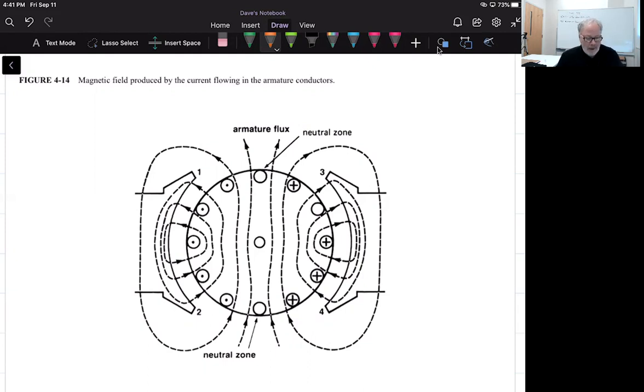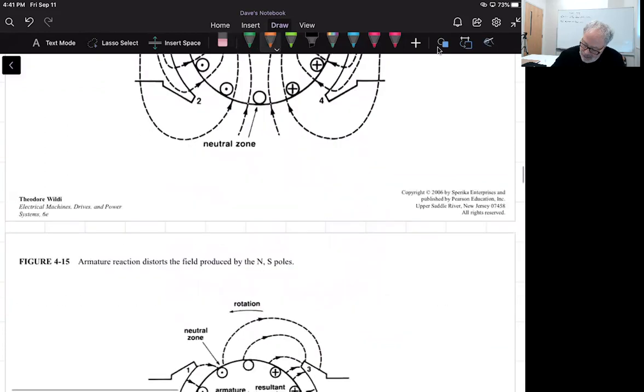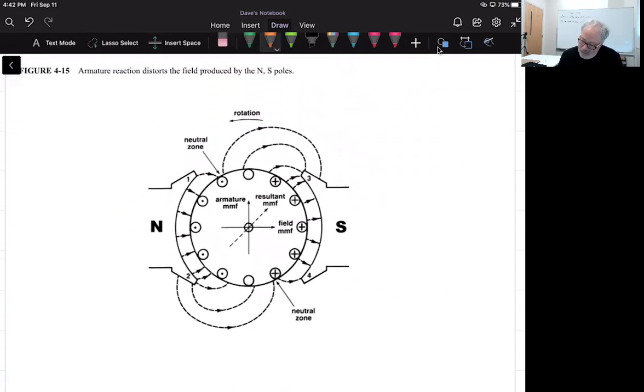The other problem that this armature flux causes is a distortion of the fields produced by the north and south pole. It no longer looks like it did originally, and that causes additional issues for us. What basically happens is that the neutral zone gets shifted, and we saw an example earlier of how that causes all sorts of issues.